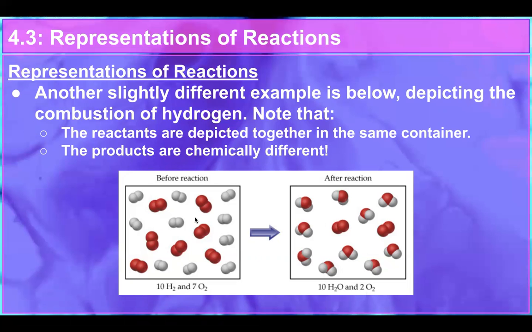So over here, we have 10 H2s and then 7 O2s. Well, we're using up all of the H2 so that we have none left, but we have some leftover oxygen. So that means that we had excess oxygen, and our H2, or the hydrogen, was the limiting factor. So we could only form 10 water through this reaction because we only had 10 hydrogens.